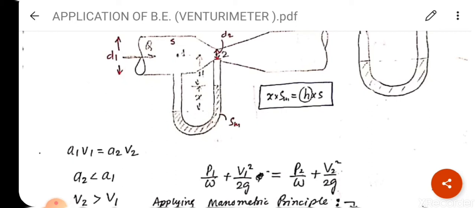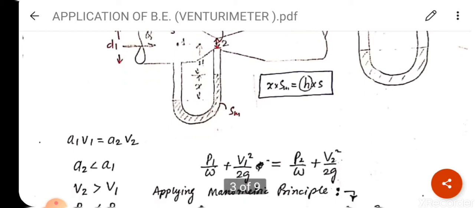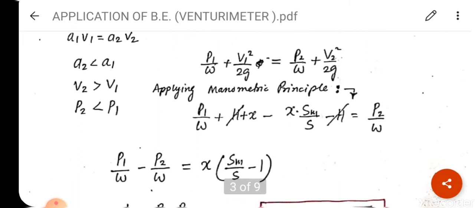P1 by W. Clear? Plus, we are moving in the downward direction, so this will be positive. So plus h plus X. This is in water column, so no need to change.